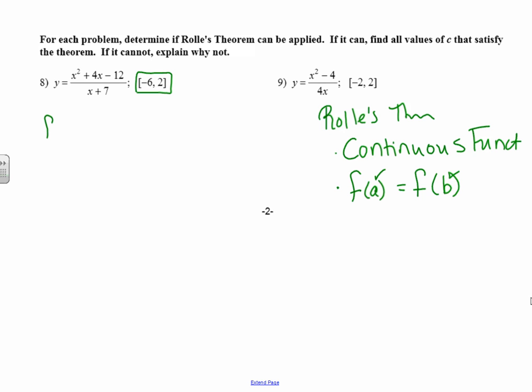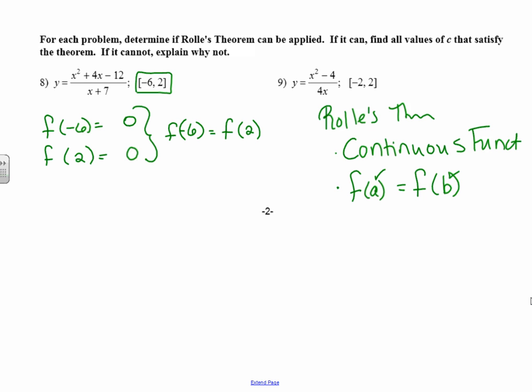Now I want to check out my two endpoints, f of -6 and f of 2. Plugging in, f of -6 turns out to be 0. f of 2 also equals 0. Thus, my conclusion is that f of -6 is the same height as f of 2.